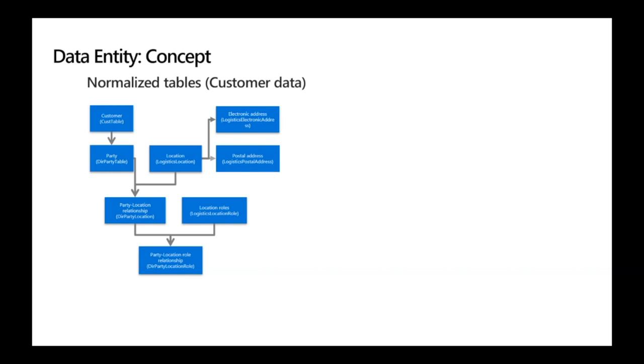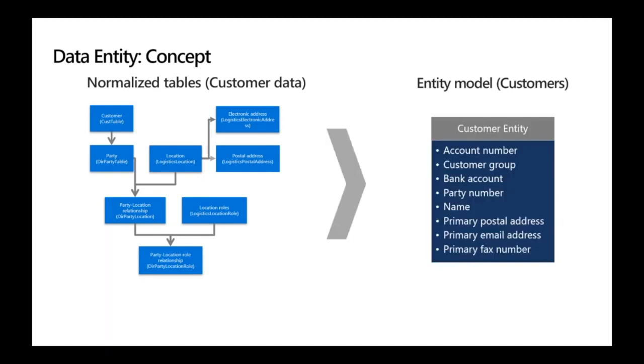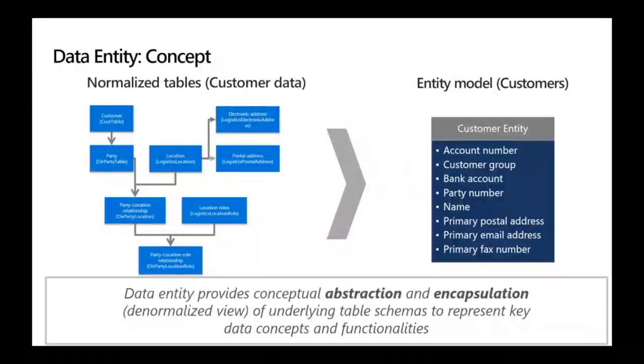And the data entity basically is the concept that we're going to use to avoid that. What we're going to do is denormalize and present the data to the external application again in a logical view. So if we're talking about the customer entity, you will also find the addresses that are related to it in the same entity. By doing that, we're going to make a kind of abstraction and encapsulation, but we need to understand also that it means that we have given up on performance.